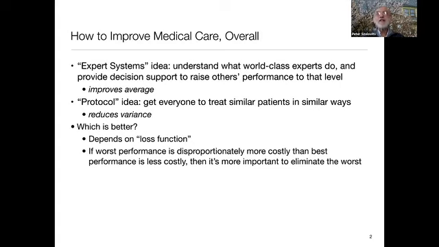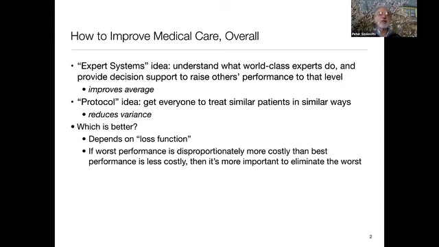Well, we had an idea back in the 1970s when I was getting started on this, which was that we wanted to understand what the world's best experts did, and to create decision support systems by encapsulating their knowledge about how to do diagnosis, how to do prognosis and treatment selection, in order to improve the performance of every other doctor who was not a world-class expert, by allowing the world-class expertise captured in a computer system to help people figure out how to do better.